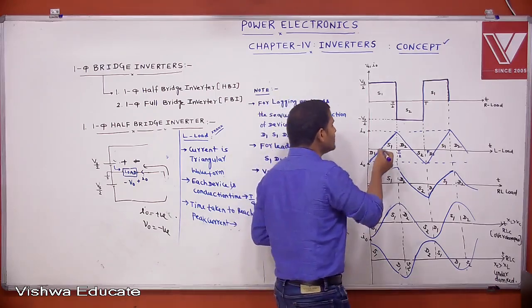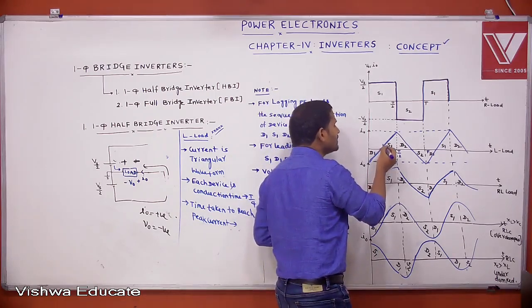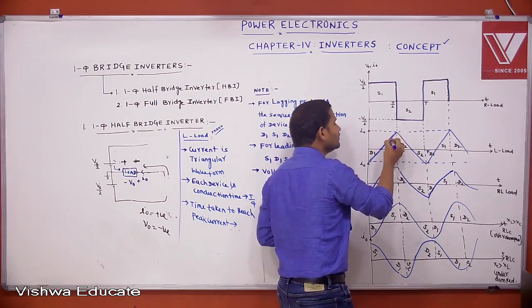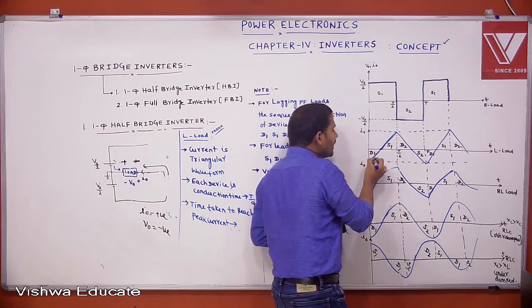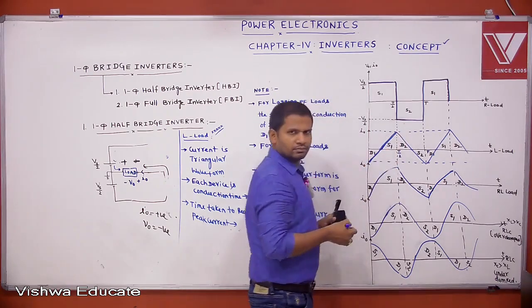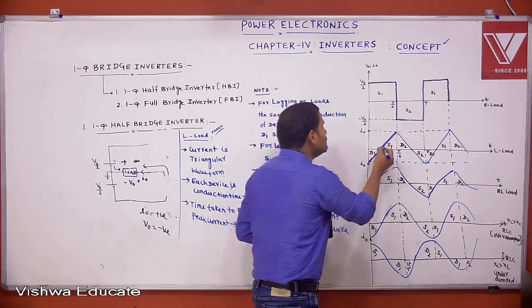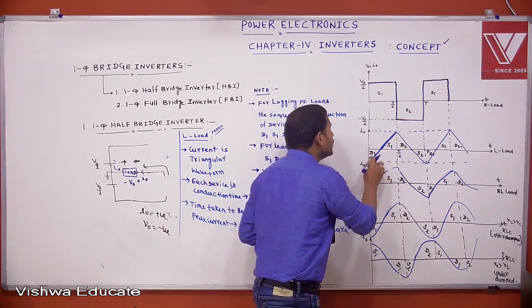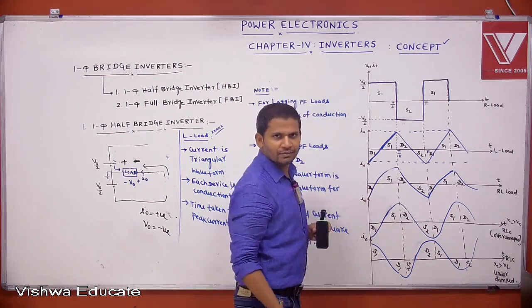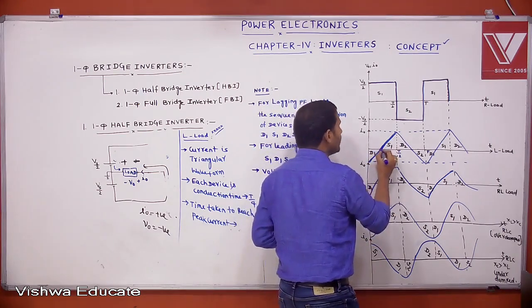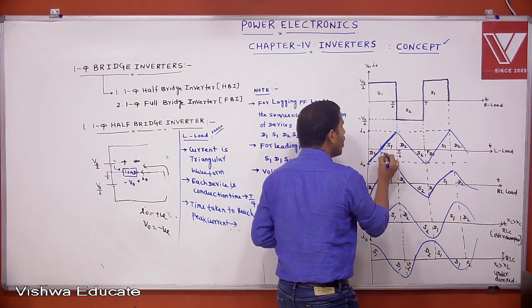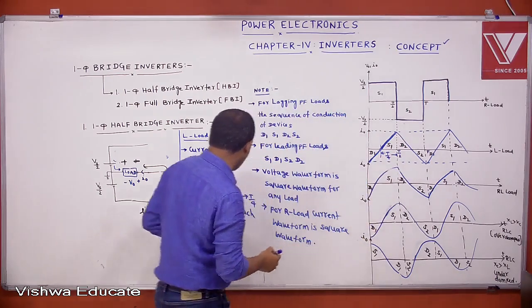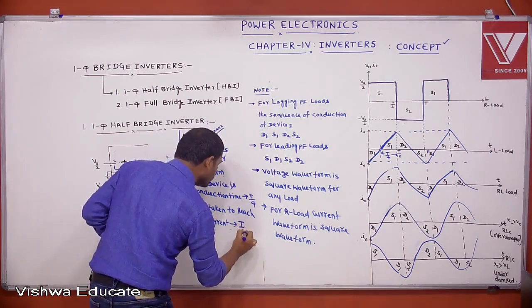Peak current means from this point to 0, with reference 0. Peak to peak means you take minus to plus. Peak means 0 to positive or negative to 0. From this point to the peak value, how much time is taken? T by 4. Time taken to reach peak current is T by 4.